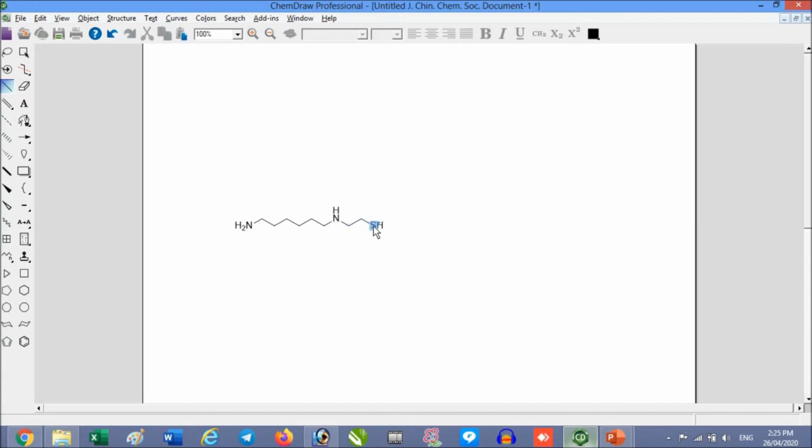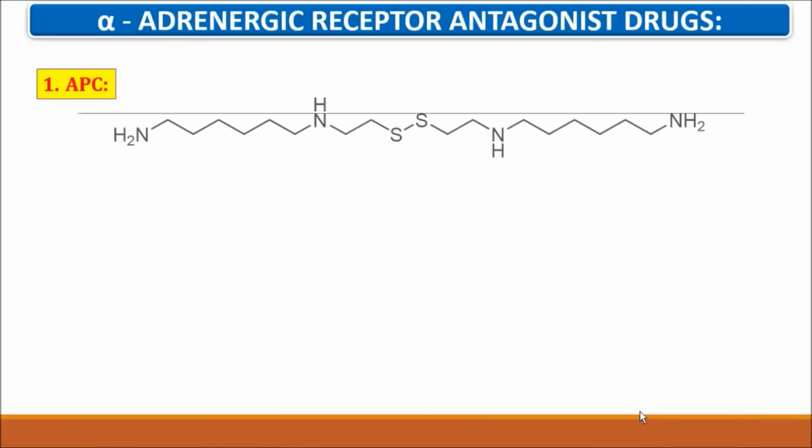The same part goes to the right side. Then we have NH, then 6 carbons, and after the 6 carbons again an NH2 group. This is called APC. Okay friends, so this is the structure of APC.